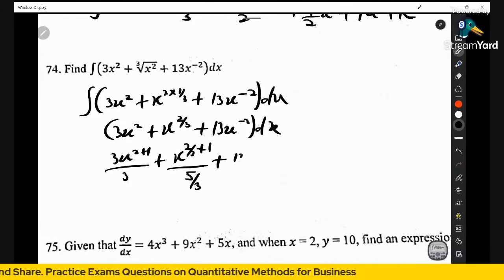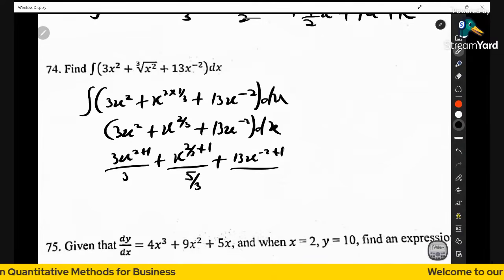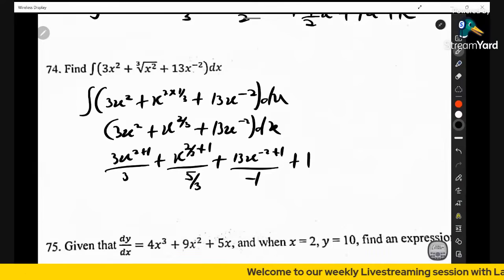Then here too, you have 13x to the power negative 1 plus 1 divided by, so here negative 2 plus 1, I get negative 1. Since it's an indefinite integral, we introduce a constant, say K or C or any constant you want to introduce.